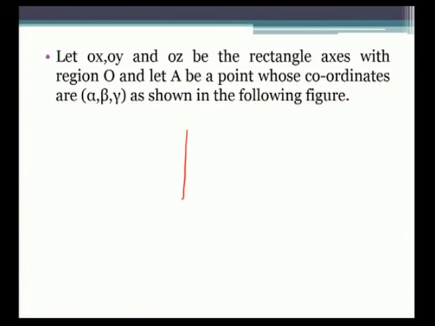This is the coordinate system. In this coordinate system, this is the x axis, this one is the y axis and this is the z axis. Here O is the origin, then a point A is assumed here.